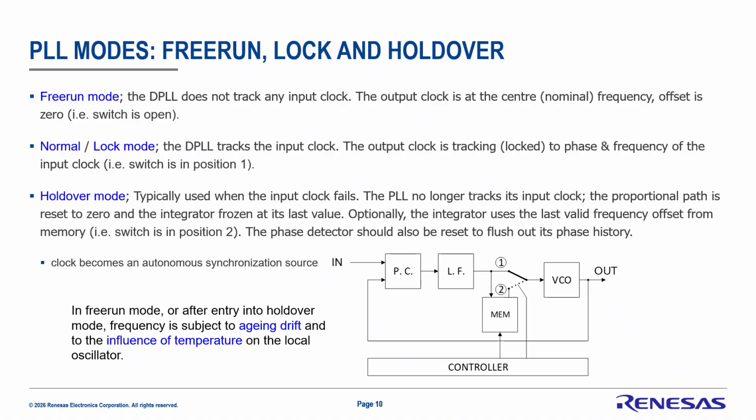One thing to note though is that either in free running mode or the entry into holdover, when we look at the frequency, it's always going to be subjected to aging, drift, and the influence of temperature on the local oscillator. And you heard a lot about this in other tutorials talking about crystal oscillators and MEMS oscillators.